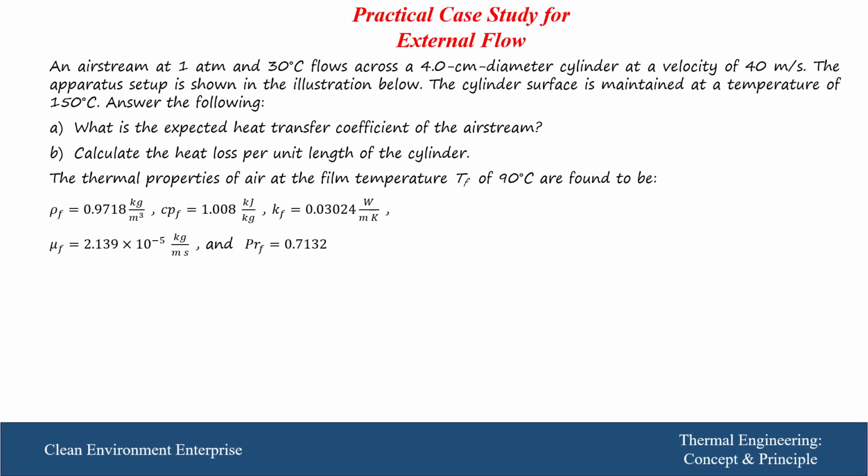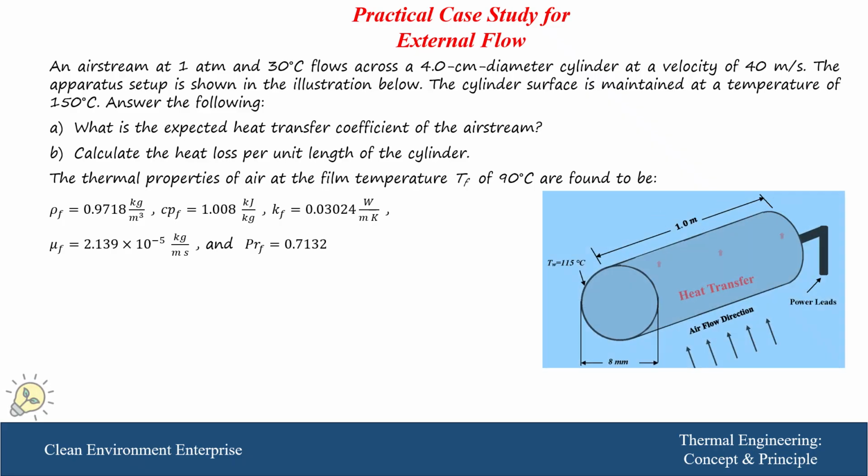Now let us take a practical case study for an air stream that passes over an electrical resistance unit, which is called an electrical heater, with a velocity of 40 meters per second, and the cylinder surface temperature was constant at 150 Celsius.